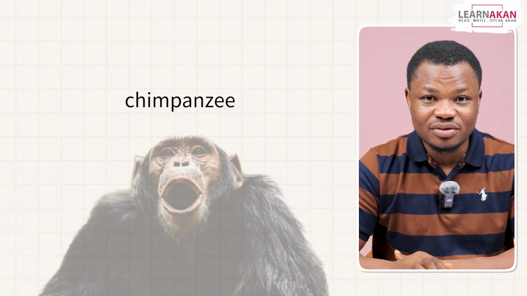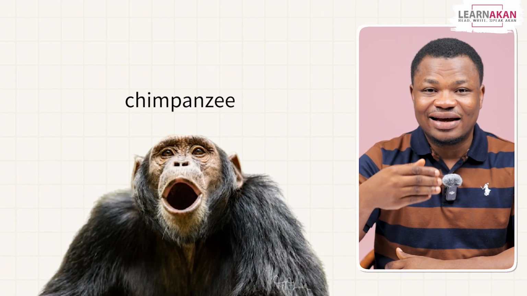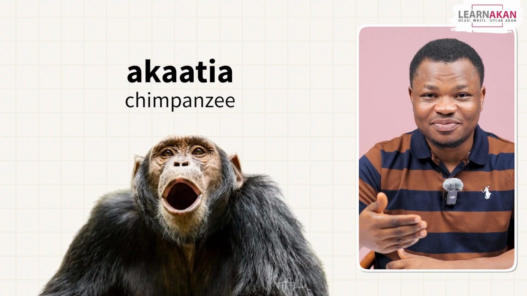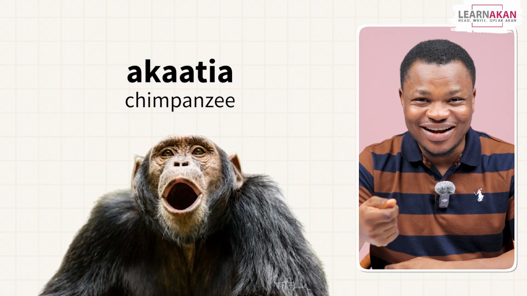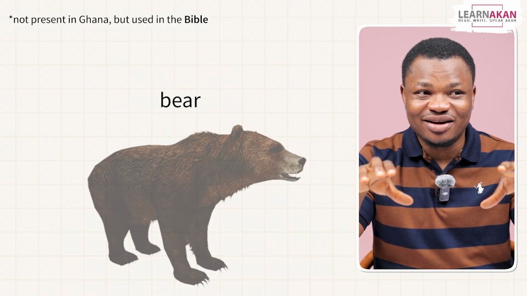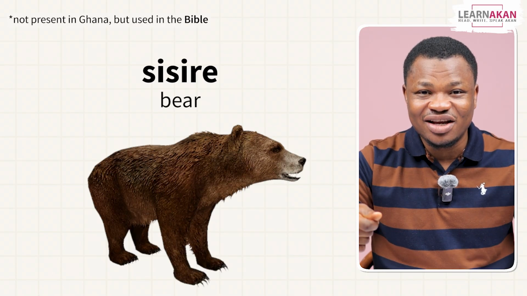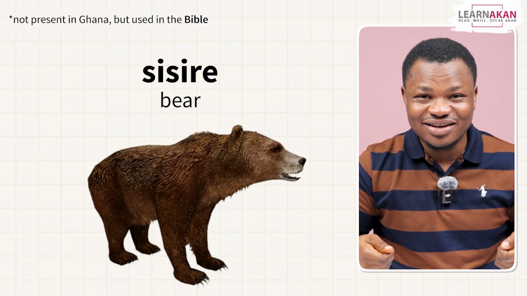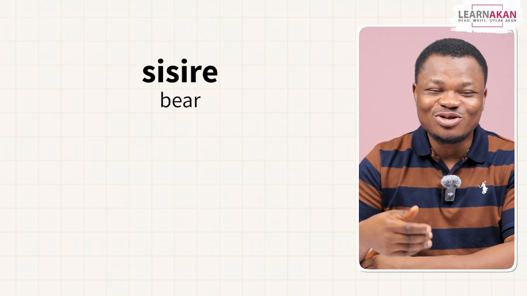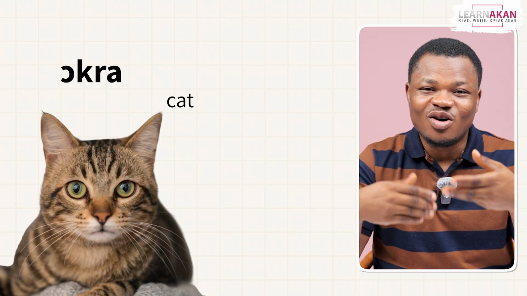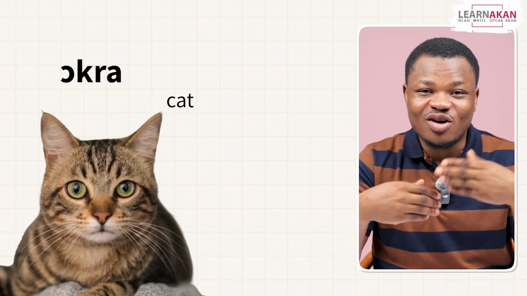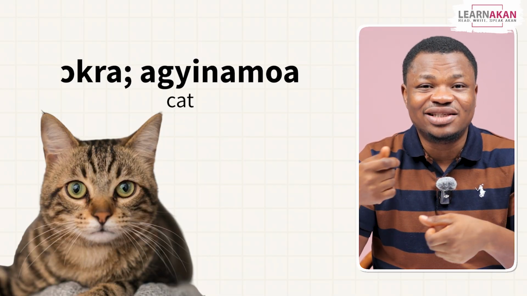We have the chimp, so chimpanzee, and that is acacia, all right? And then we have the bear, and the bear is sisiri. Let's go to the cat. The cat is okra, or ejinamwa.